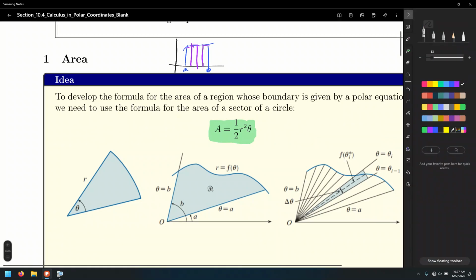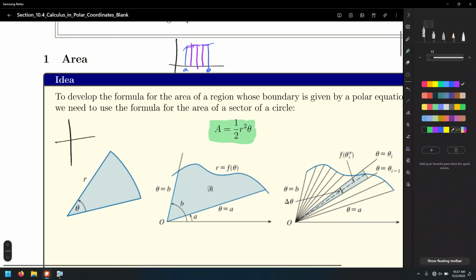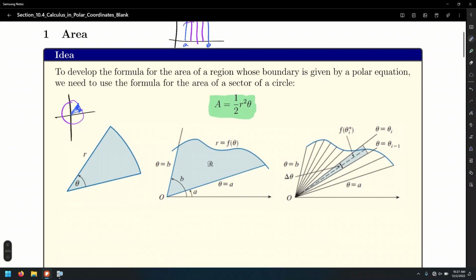For example, let me do the case for a circle in a simpler way. That's the circle, and I'm going to find the area of the sector. Then the area of this sector, and then the area of that sector. Essentially, we are going to find areas of infinitely many sectors of a region, not just of a circle, because not all regions in polar are exactly circular.